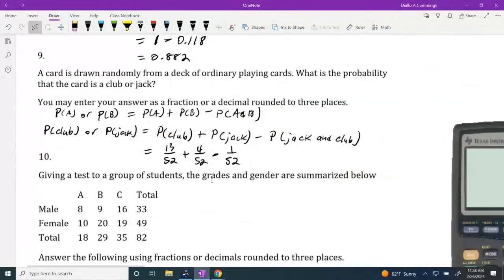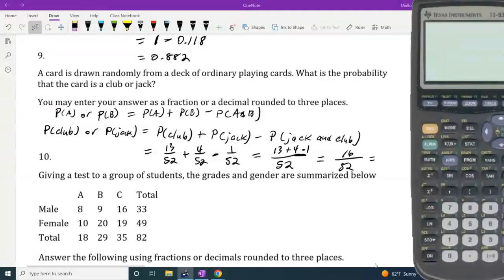So is everybody okay where I'm getting these fractions from? When you add or subtract fractions, you must have a common denominator. So the common denominator is 52. So I don't multiply these denominators together like we were doing when we were multiplying. We're going to keep the common denominator. We're going to combine the numerators. So 13 plus 4 minus 1, that's going to give us 16 over 52.